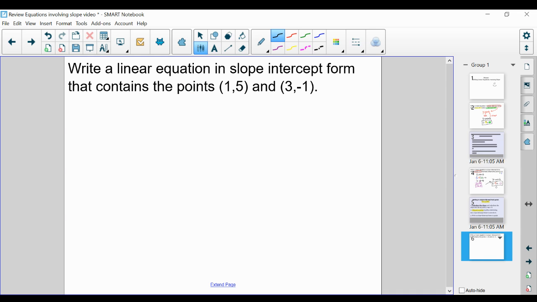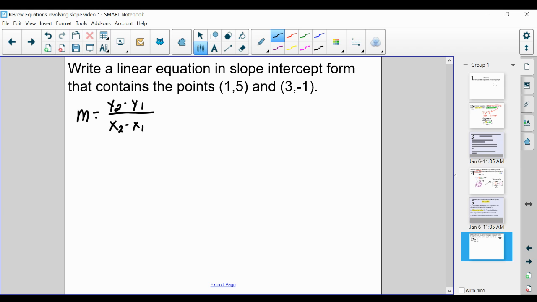You should be copying this down as we are going through. We're going to write a linear equation in slope-intercept form that contains the points (1, 5) and (3, -1). So remember, we have to find the slope between these 2 points. So our slope, m, is the change in y divided by the change in x.